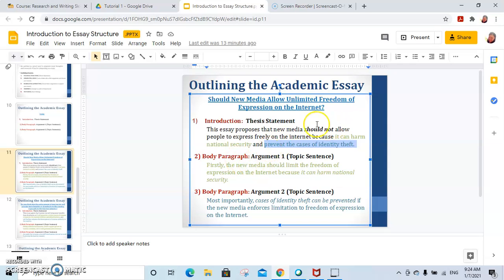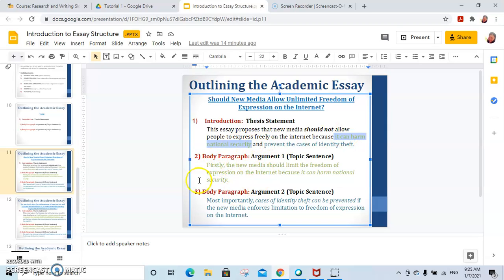Both of these two arguments support why new media should not allow people to express freely on the internet. So from the thesis statement itself, as a reader, I can already visualize that the two body paragraphs will firstly talk about how freedom of speech on the internet should be limited because it can harm national security.